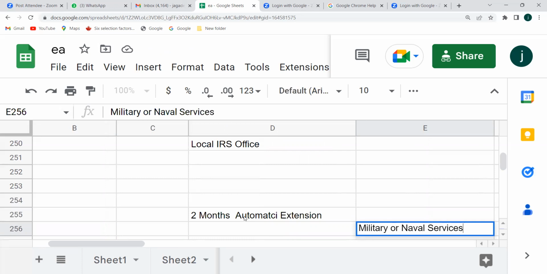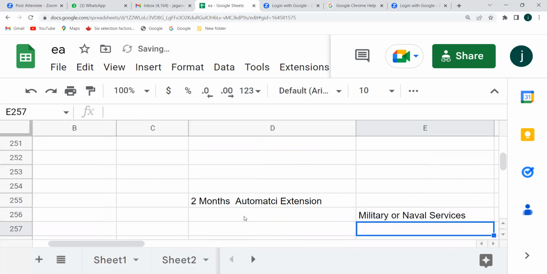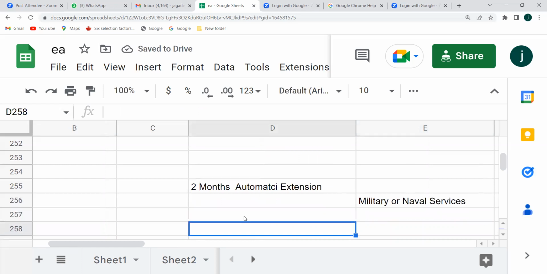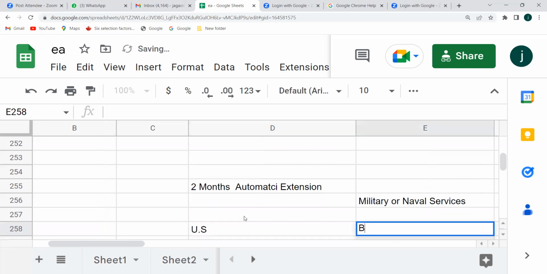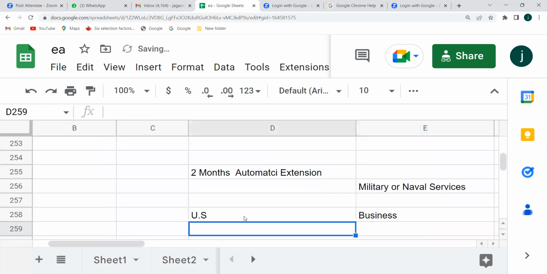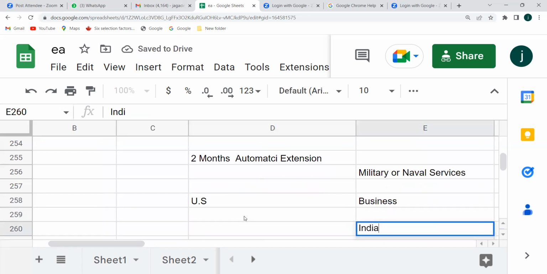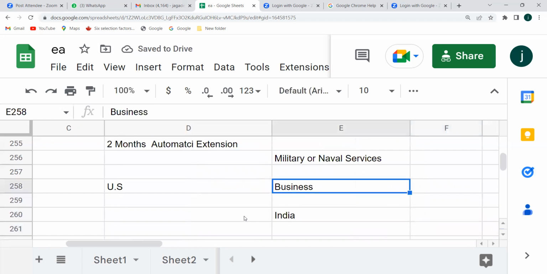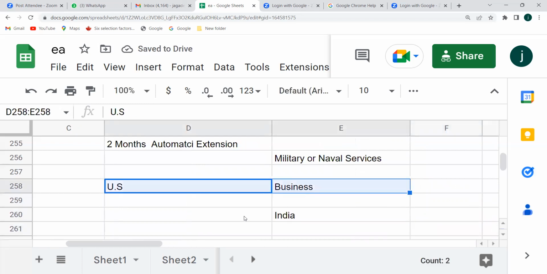The IRS will automatically give you a 2 months automatic extension. Or else, say for example, you are doing one business in USA, but your main business is in India. The main business is operating from India, but you are doing operations in the US as well.